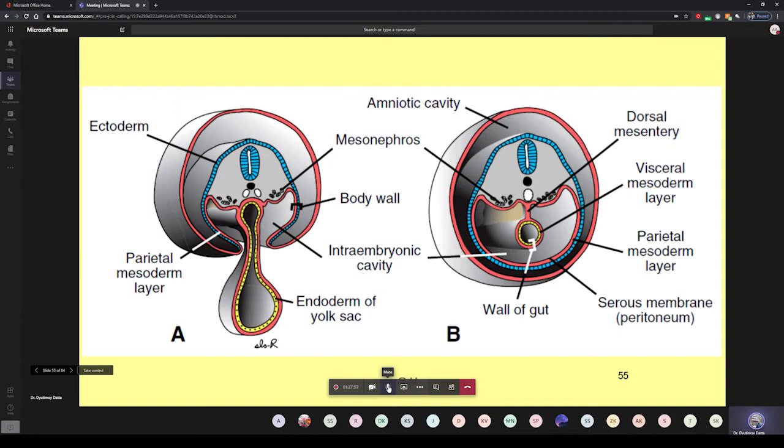Basically the epiblast invaginating. Yes. So what is happening to the mesoderm? What are the so-called three subdivisions of the mesoderm?